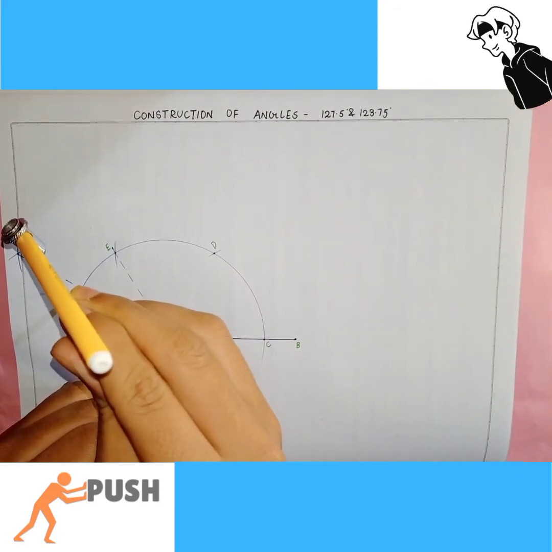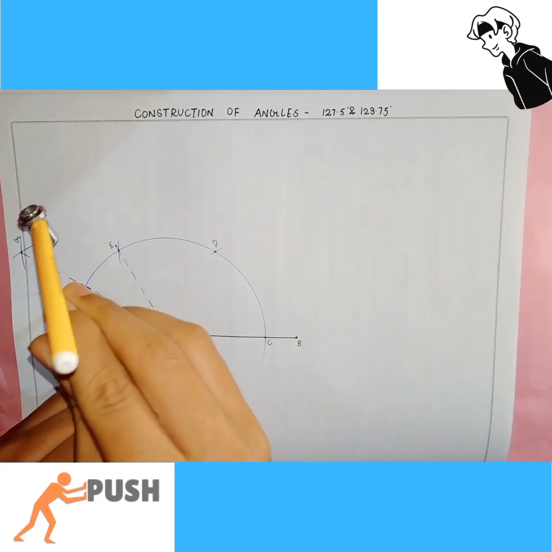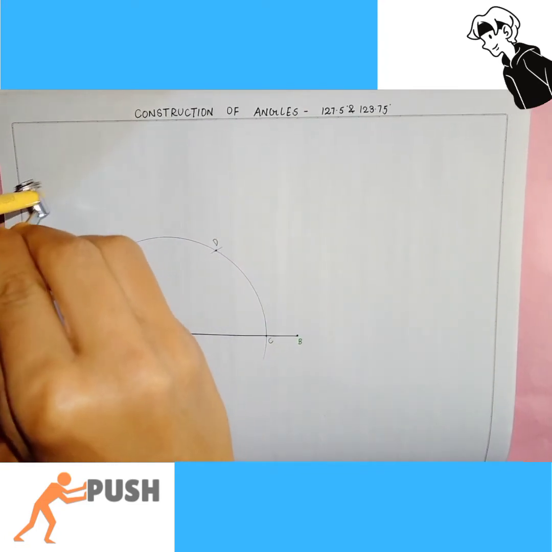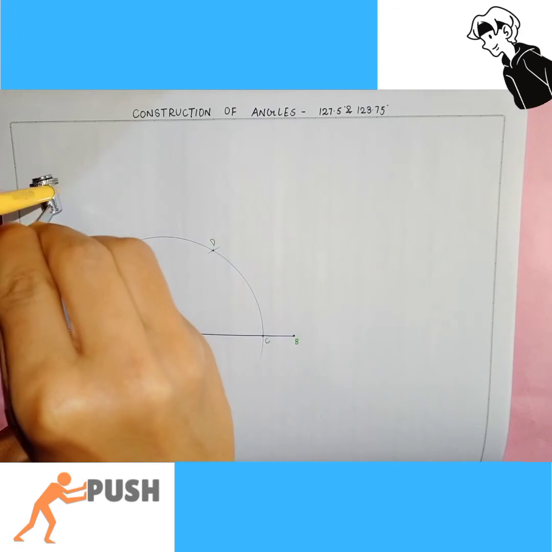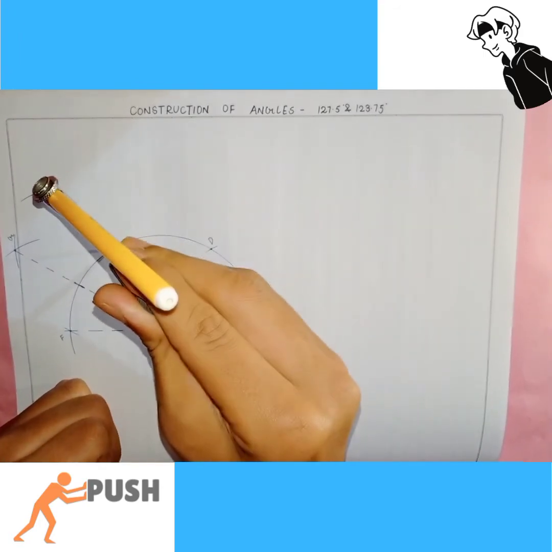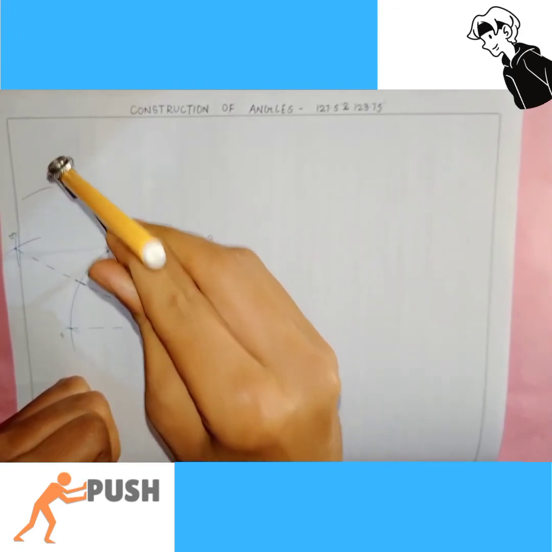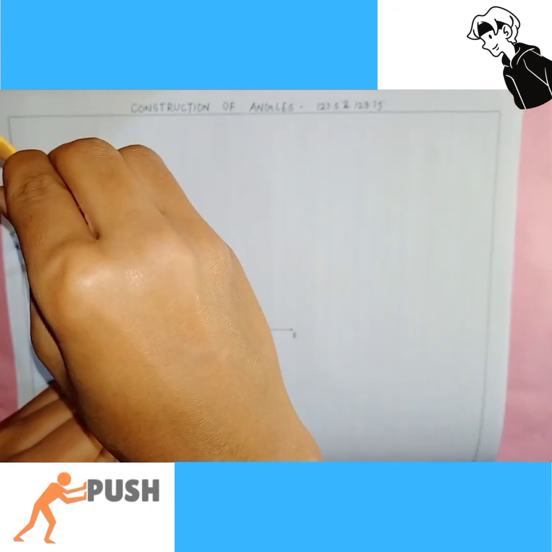So keep the compass point here and draw an arc. Now keep the compass point here on 120 degree and cut the first arc.